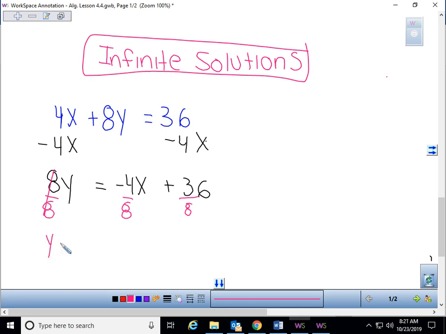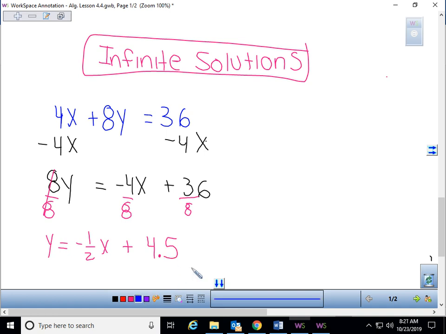This gives you y equals, simplifying your fractions, negative 4 divided by 8, which is negative 1/2 x, plus 36 divided by 8. Now you can simplify those fractions, or you can put it into a decimal, which I would say is probably easier. 36 divided by 8 as a decimal is just 4.5.